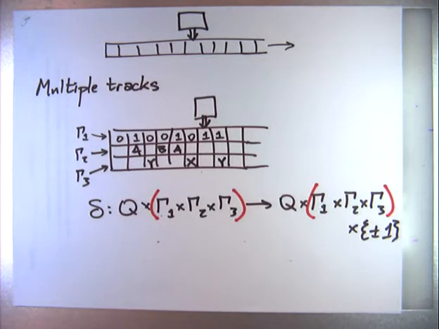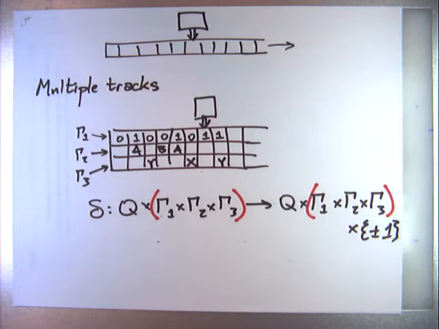And so in particular, we can build up finite sets by taking triples of things from other finite sets and gluing them together. So a Turing machine with multiple tracks, each with its own alphabet, is the same as a Turing machine that just has a tape alphabet with some product structure that is convenient, but it's just convenient.